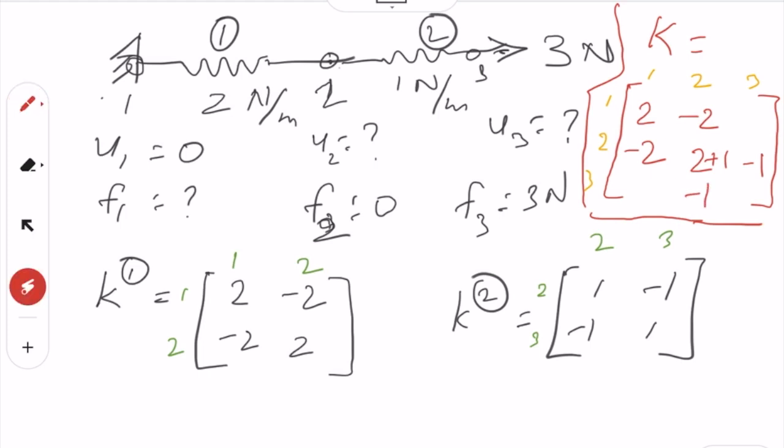K3,3 is 1, so we are going to write 1 here.